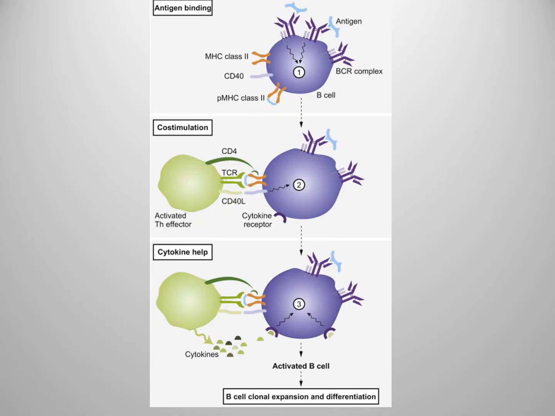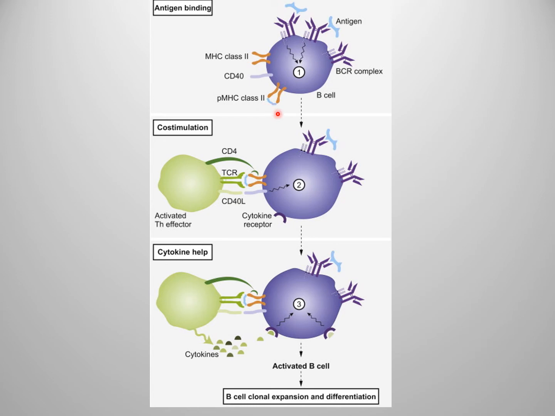This figure shows an overview of B cell activation via the T dependent pathway. So the first step is antigen binding to the B cell receptors, like here you can see, and antigen presentation by the B cells on MHC class 2 molecule.